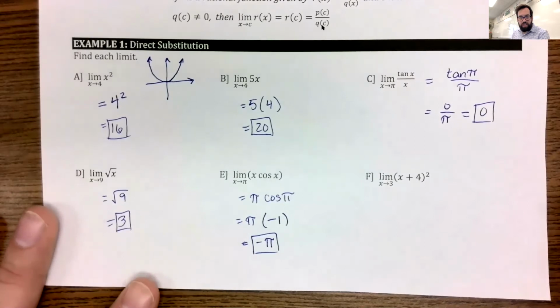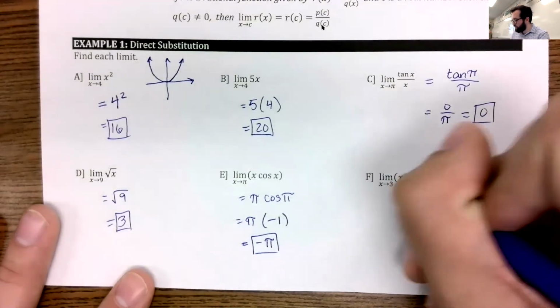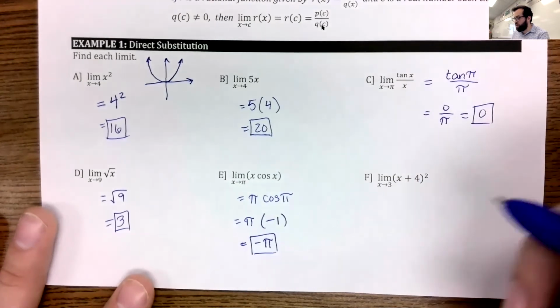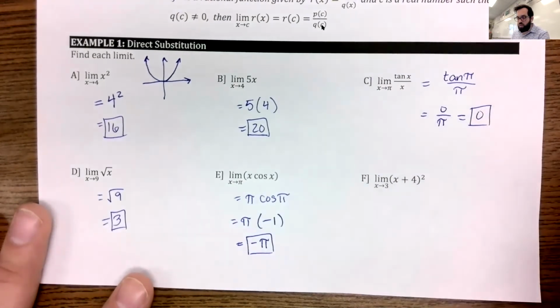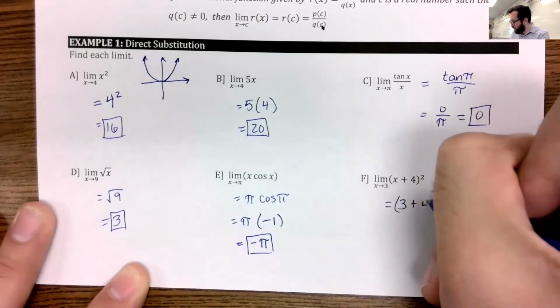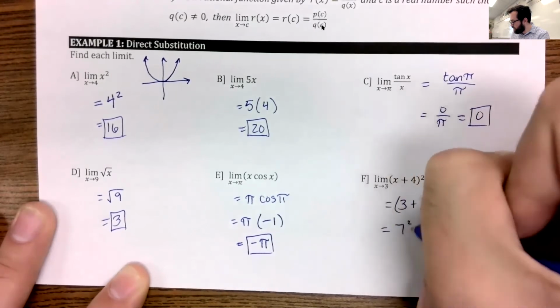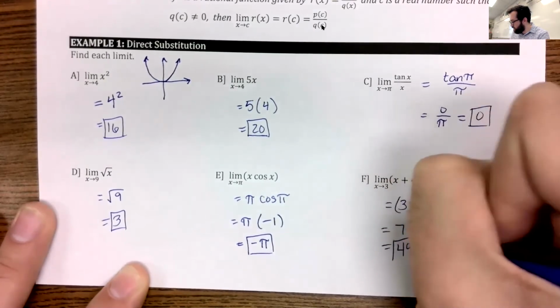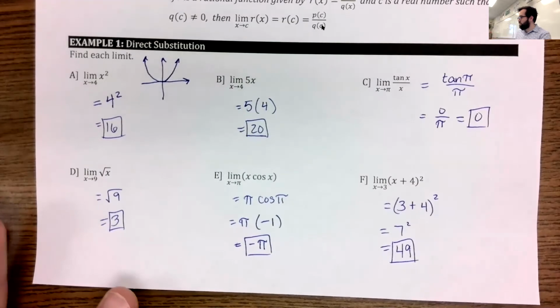Letter F, the limit as x approaches 3 of x plus 4 quantity squared. This x plus 4 quantity squared is a polynomial, it doesn't have any corners or breaks or holes or anything. We can just straight up plug in 3 for x. And there we go.